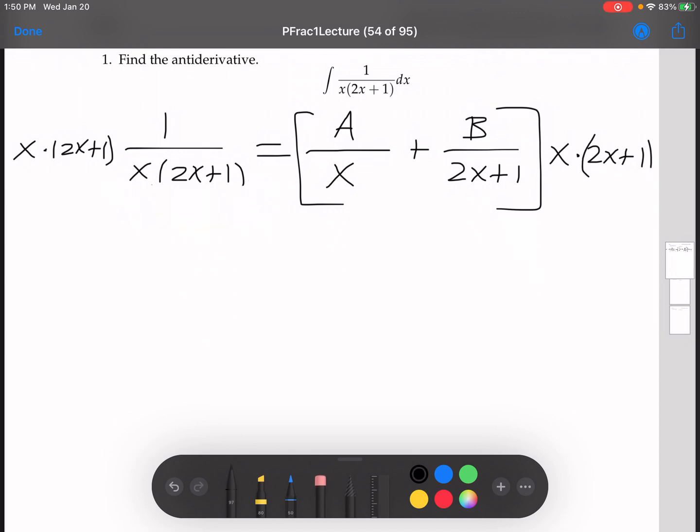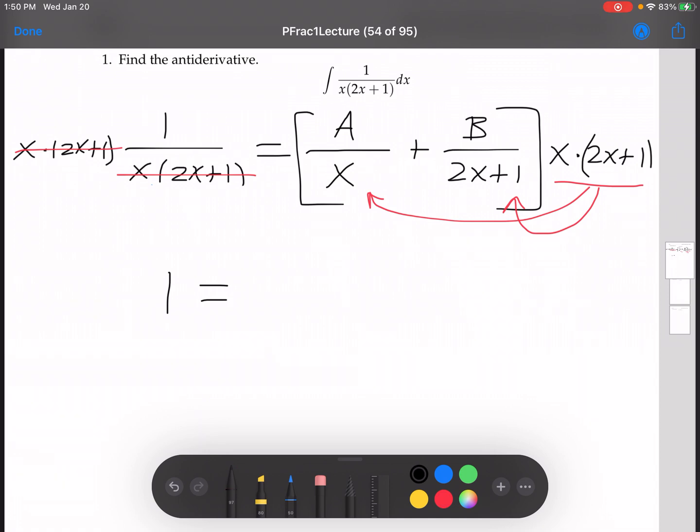Now see what happens here. These will cancel, so that we have 1 is equal to, now I'm going to distribute this whole thing to each piece. I'm going to distribute it to that and to that.